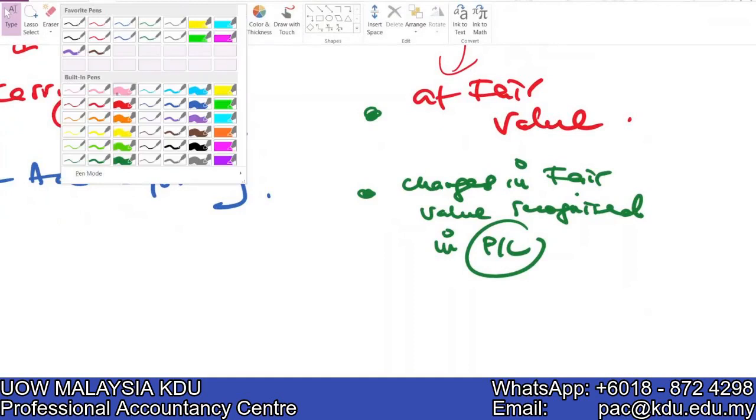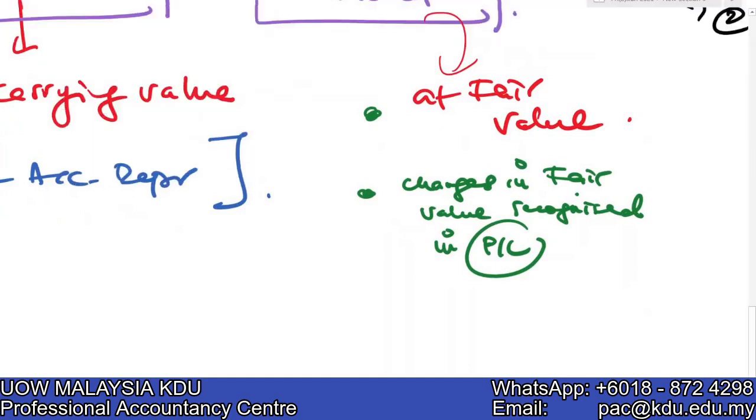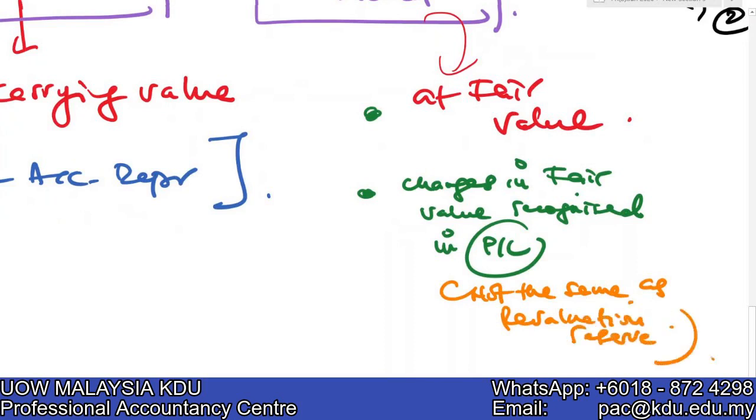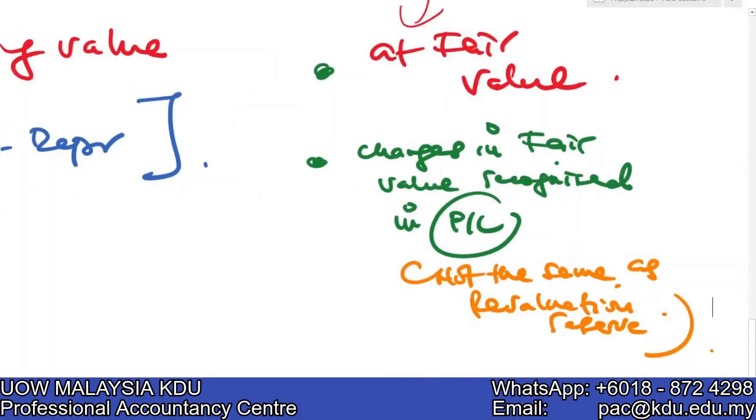So this is not the same as revaluation reserve. Can you see? Under the revaluation model, any changes are recognized in the revaluation reserve. But under the fair value model, whether it's a gain or loss on investment property, it is recognized in the P&L. Understand? So that's the difference.